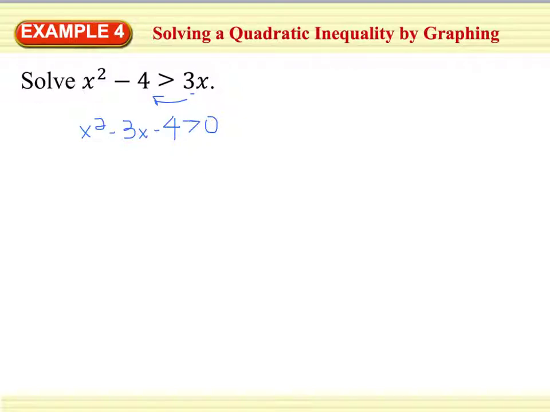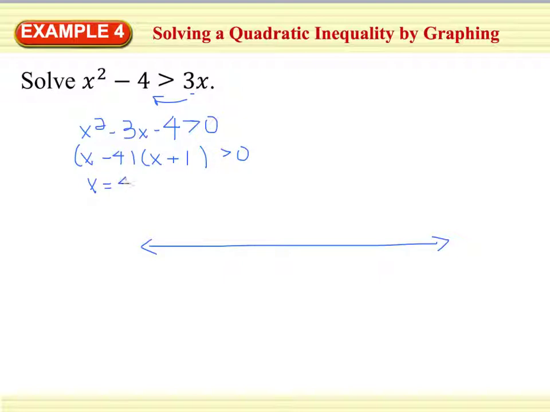And now I'm going to create a number line. If I factor this, which it is going to factor nicely, I see that I have x minus 4 and x plus 1 as my two factors, which tells me that x equals 4 and x equals negative 1 are my two x-intercepts or my critical values. So I'm going to put those on my number line.